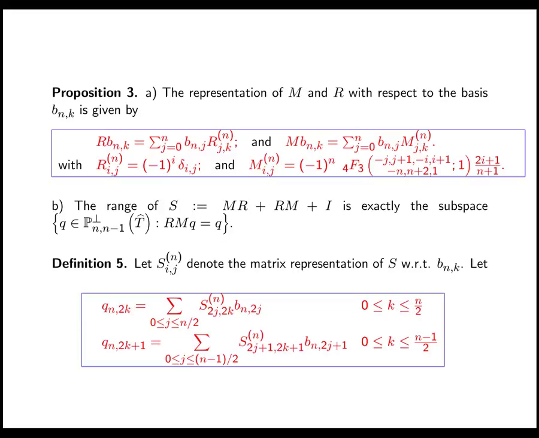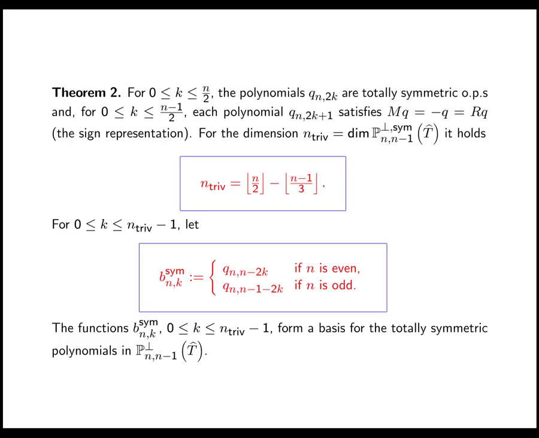And then one has to understand how many of them arise, and then one ends up with these basis functions. And as I said, if one has such symmetric objects, then the dimension is complicated. The dimension of the symmetric orthogonal polynomials is this number, which is, as you can see, approximately n over 6, expressed a little bit in a complicated way.